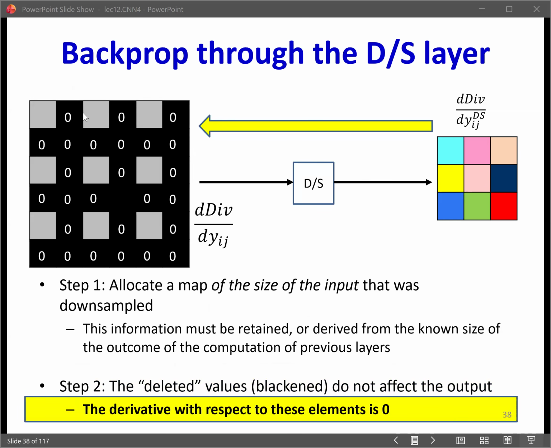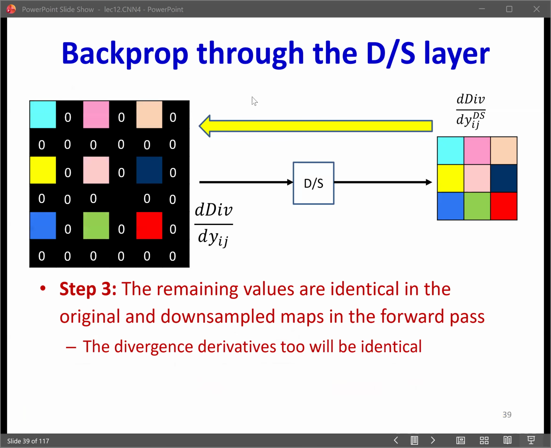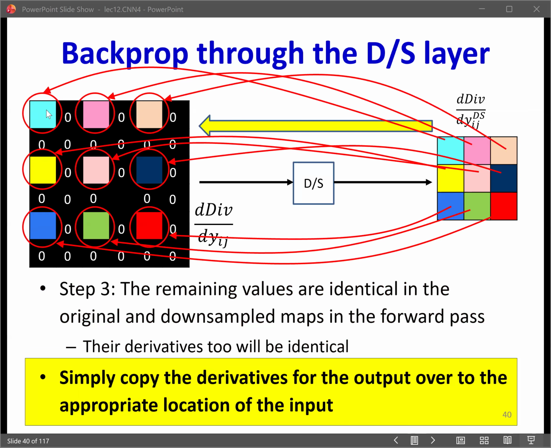And now just the remaining elements, those were the ones that were copied over. Because they were copied over, these basically came here as is. And so the derivatives here are going to go back. Whatever perturbation of this element changes the loss by, that's exactly how much perturbation of the other element is going to change the loss by. So the derivative over here simply gets copied over. Is this process for the derivative of downsampling making sense?